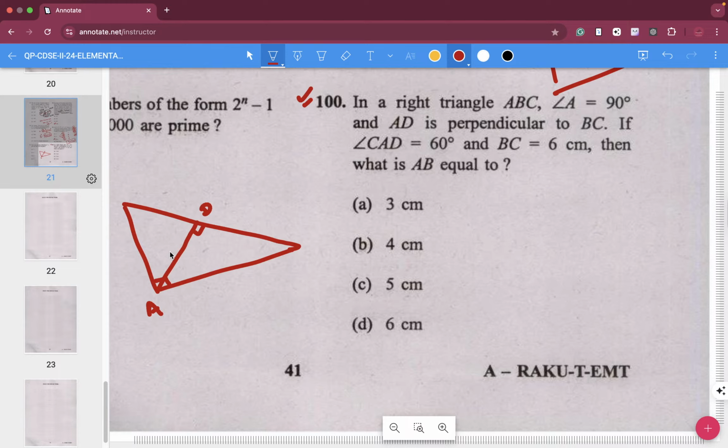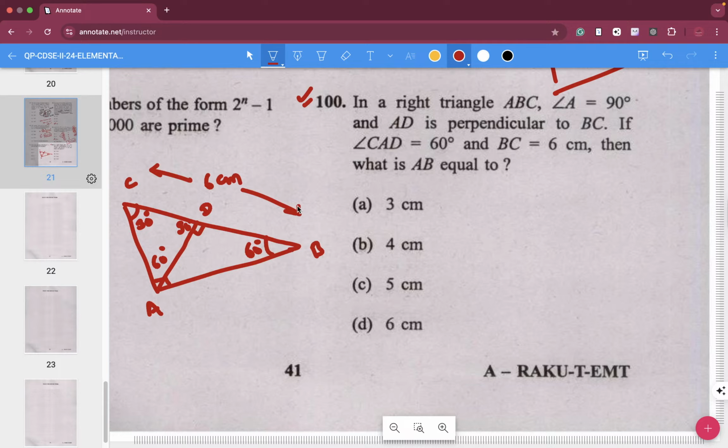If angle CAD is equal to 60 degrees, and this is 90 degrees, then obviously this is your 30 degrees. So this is 90, 30, and this is 60. BC value they have already given, 6 centimeters.